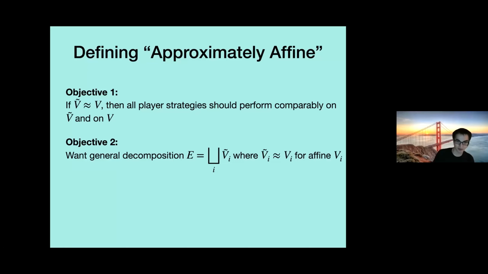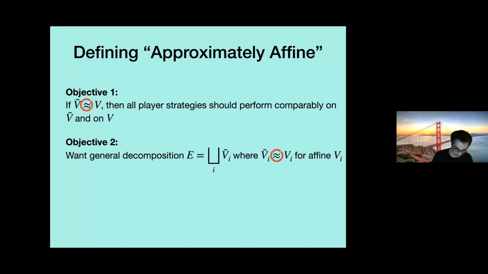The other thing that we want, which I hinted at in the previous slide, was that we need to be able to decompose an arbitrary event in terms of approximately affine subspaces. So these are two different constraints on one notion of what it means for something to be an approximately affine subspace.